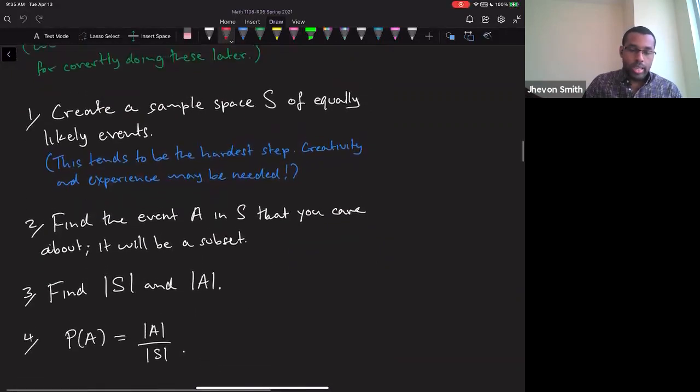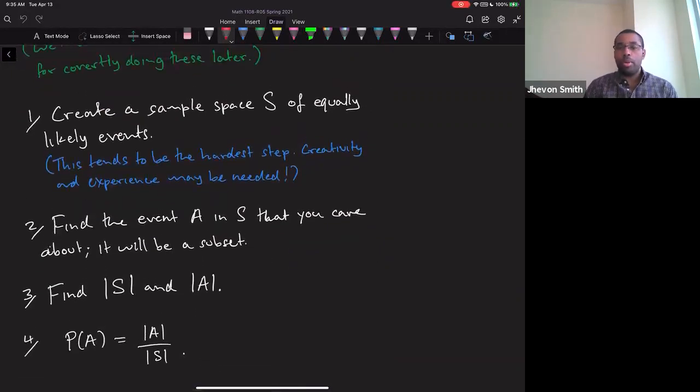And we looked at the basic process of computing a probability. Of course, we'll develop tricks and strategies to not have to think strictly in these terms. But whenever you're not sure about how to approach a problem or you're unfamiliar with a certain context, this is how you're going to want to think about it. You're going to want to conceptualize your sample space and the subset, which is the event that you care about. Then find the size of the sample space and the size of the subset that you care about, and then you divide them.